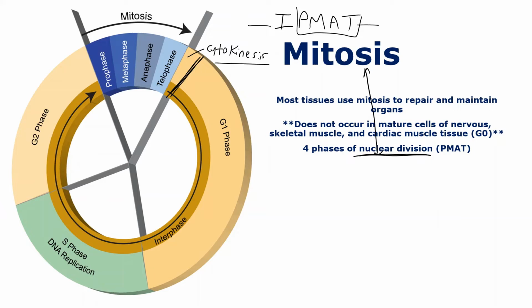That's the actual cell splitting. So before we split the cell, we must divide the nucleus, and that's what mitosis is specifically. Now it turns out cytokinesis will begin right back here in anaphase, and there's a little overlap, and that does make it a little confusing. But in most ways you talk about this, first you will divide the nucleus, then you will divide the cell.